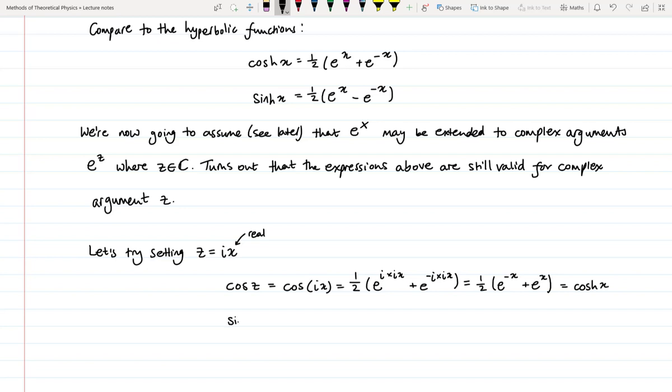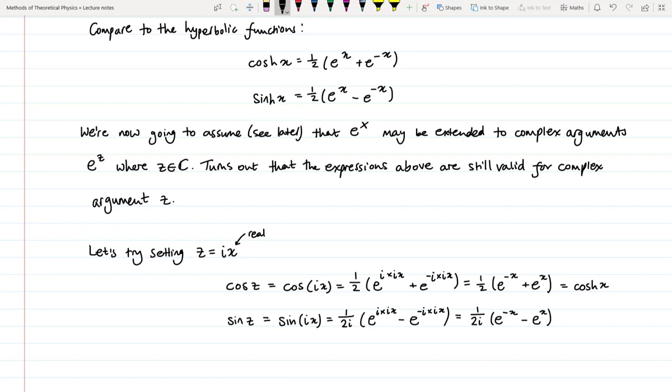Similarly, we can look at the sine of z. This gives us sine of ix. Substituting that into the expression for sine, we get 1 over 2i e to the i times ix minus e to the minus i times ix. This is 1 over 2i e to the minus x minus e to the x.